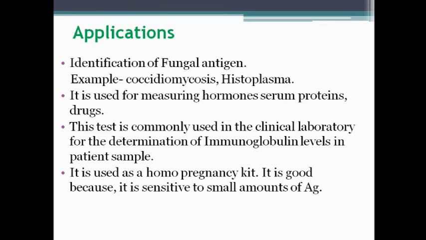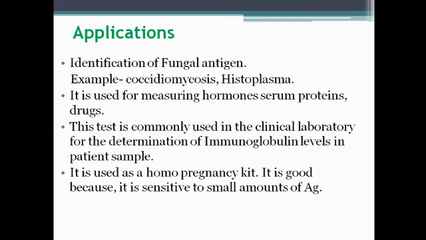It is also used to determine immunoglobulins in the patient sample. It is used as a home pregnancy kit. It is good because it is sensitive and the results are reliable.